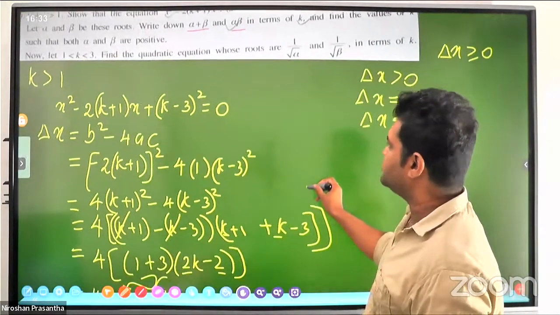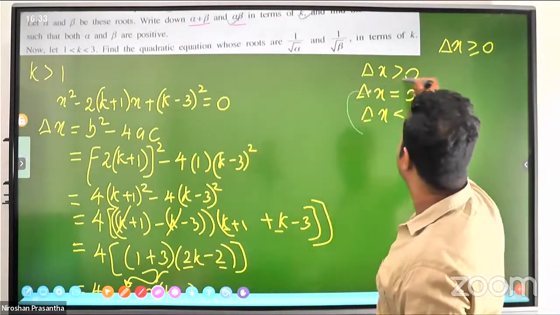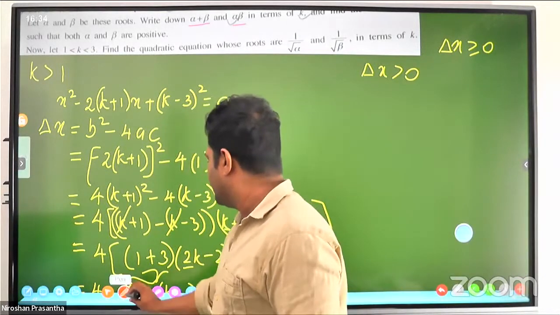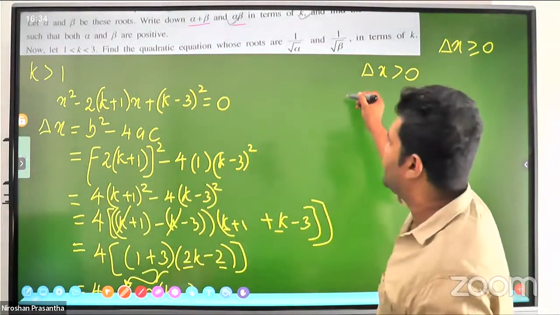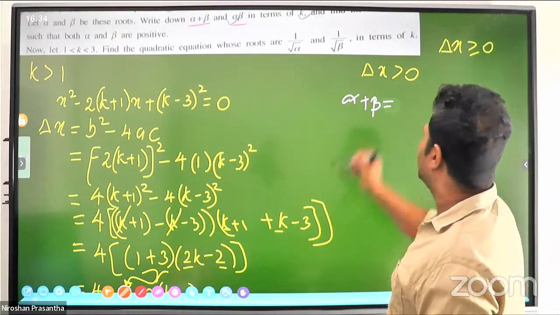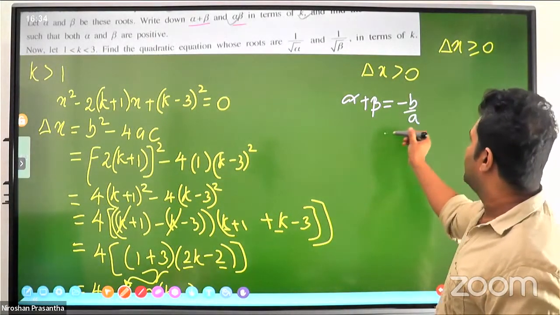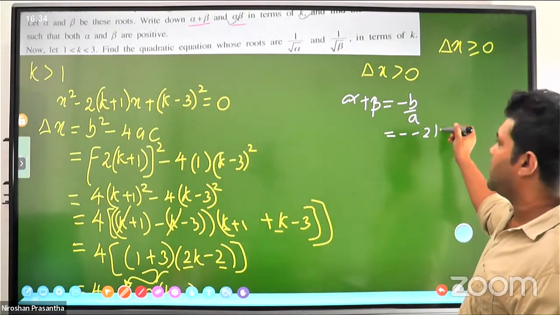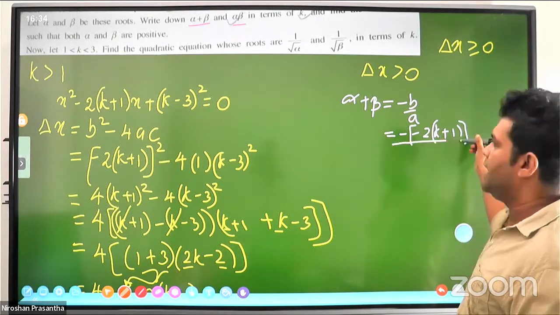Let me erase this. You can write alpha plus beta is minus b over a. Minus b is minus of minus 2k plus 1, over a which is 1.